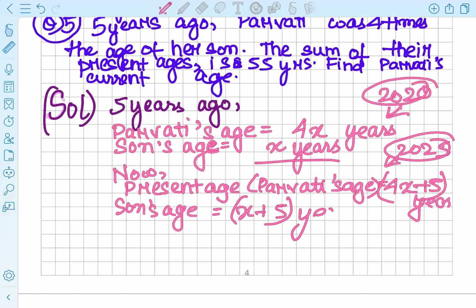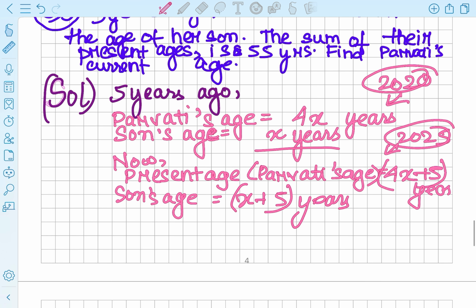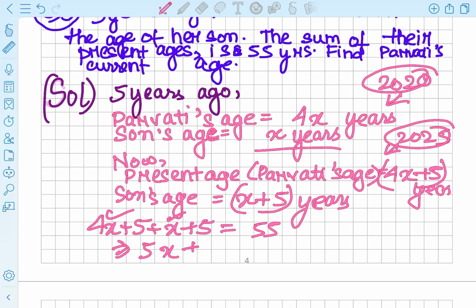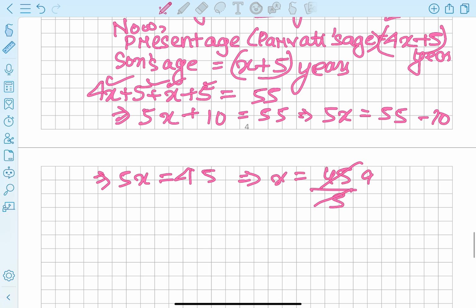They are saying the sum of their ages right now is 55 years. So 4x plus 5, Parvati's age, plus x plus 5, her son's age, is 55. Now solve the equation: 4x plus x, 5x, plus 5 plus 5, 10, equals 55. So 5x equals 55 minus 10, that means 5x equals 45 and x equals 45 by 5, that is 9, right?